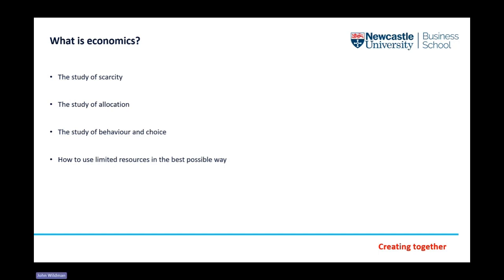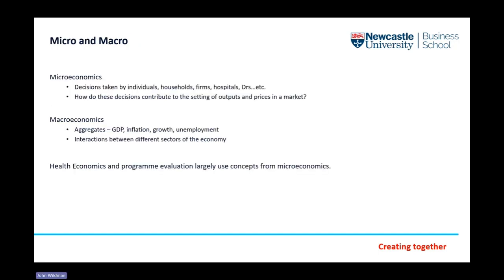Many of you will know that economics is generally split into microeconomics and macroeconomics. Microeconomics is very much about individuals, households, firms, local authorities, doctors, these small units. Often we're interested in some element of a market. Even though we don't necessarily think of healthcare as occurring in a market, what we are dealing with is market failure.